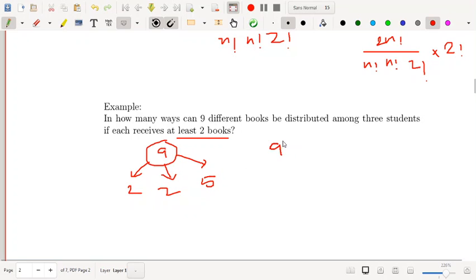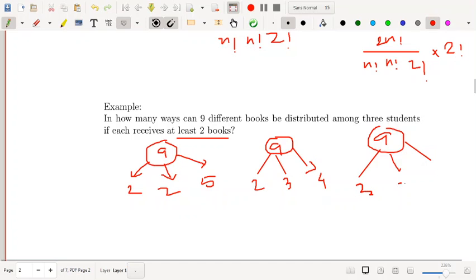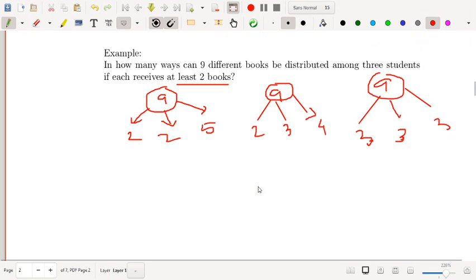Also 9 can be distributed as 2, 3 and 4. Also 9 can be divided into 3, 3 and 3. Clear? So 2, 2, 5; 2, 3, 4; and 3, 3, 3. This is the distribution. Now what is the result?